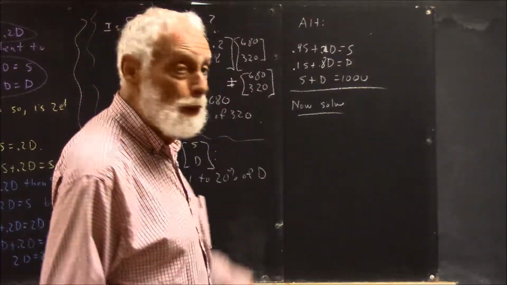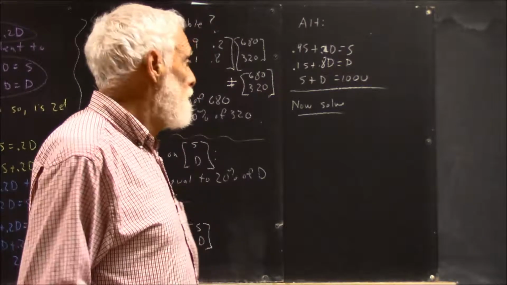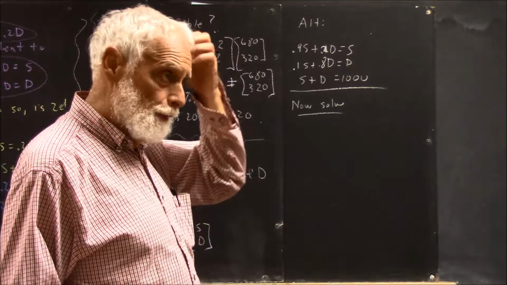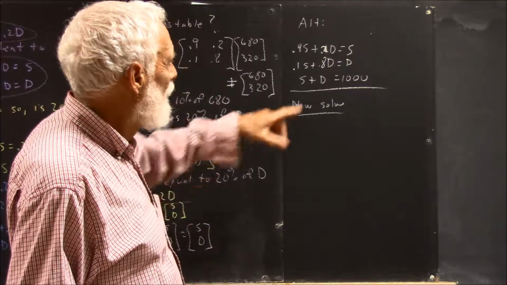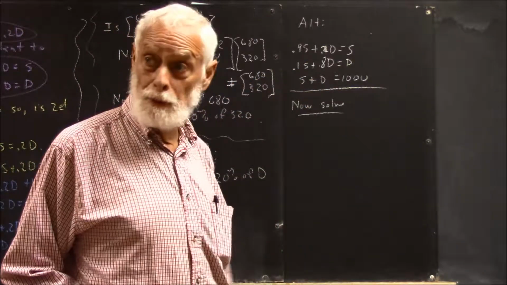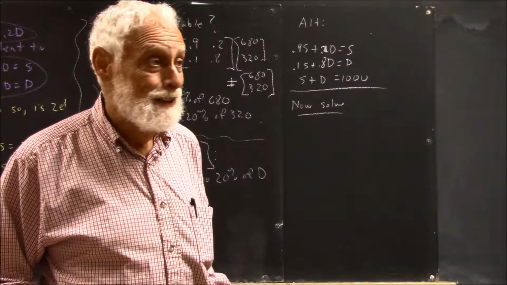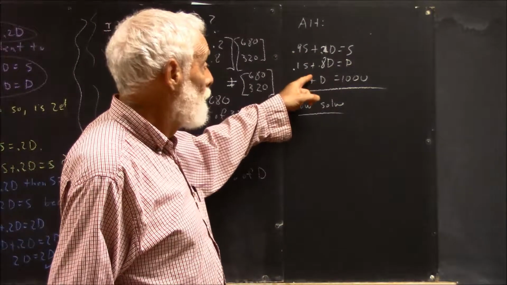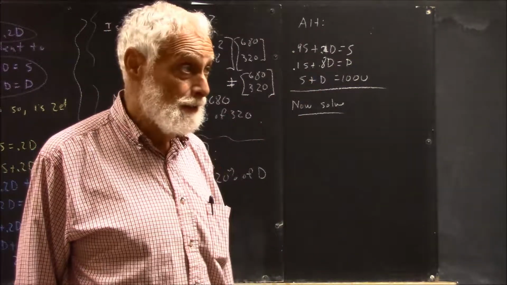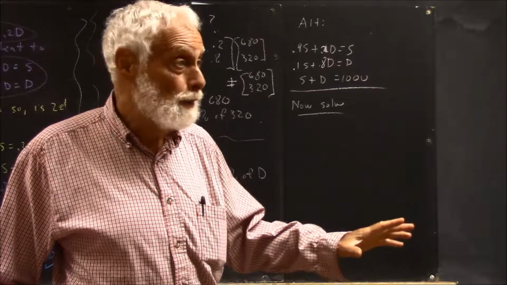So here are my equations, right? Now I'm going to do a couple of things. I really don't want to be dealing with decimals, because that might tempt me to go to my calculator. Well, if I multiply both of these first two equations by 10, then I don't have any fractions or decimals at this point.